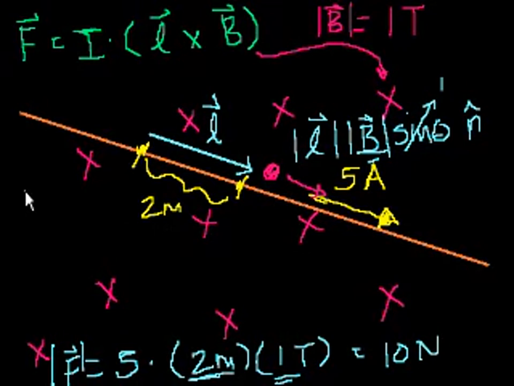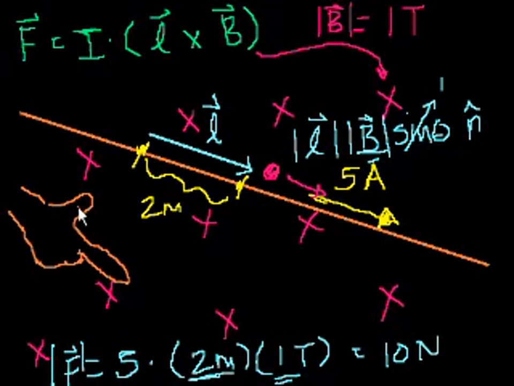So if this is my right hand, if I have my thumb sticking out like that. So the L is going to be my index finger, the first thing in the cross product. And then the B is the magnetic field that's going into the screen. So you can't see it. You can take my word for it that my middle finger is pointed downwards into the screen, and then my other fingers are just doing something else.